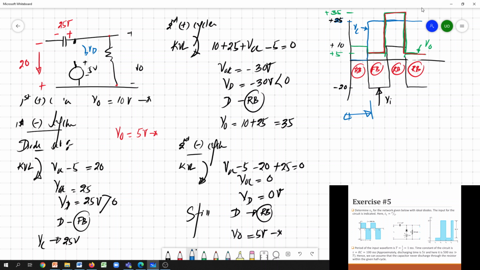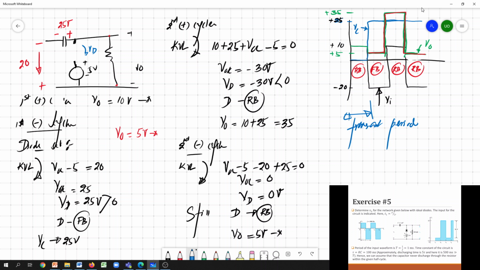it's a kind of a transient period. So this is the transient period. Once you apply the positive cycle, the circuit shows kind of abnormal values as the output.